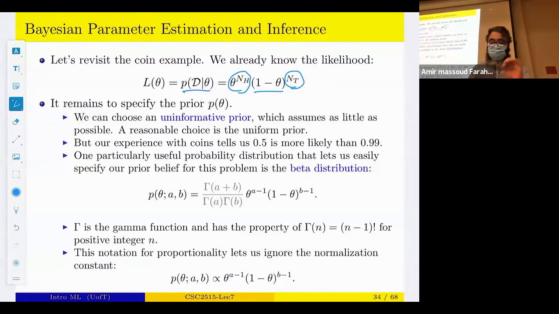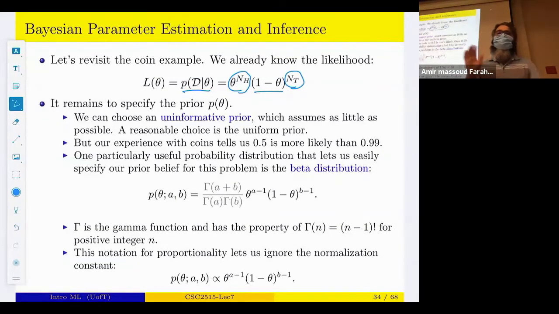If theta is fixed, we can compute it. But we need to specify the prior, this distribution over parameters theta. And there are different ways to specify that. Essentially, we want to express our belief about what theta should be before actually seeing the data points.